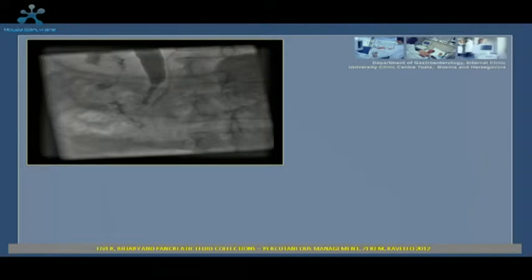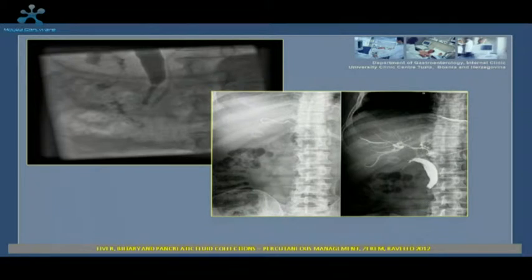Endoscopic retrograde cholangiopancreatography is accepted as the first-line diagnostic and treatment modality in patients with jaundice secondary to biliary obstruction. The percutaneous approach should be performed as alternative management when endoscopic intervention or reintervention fails.